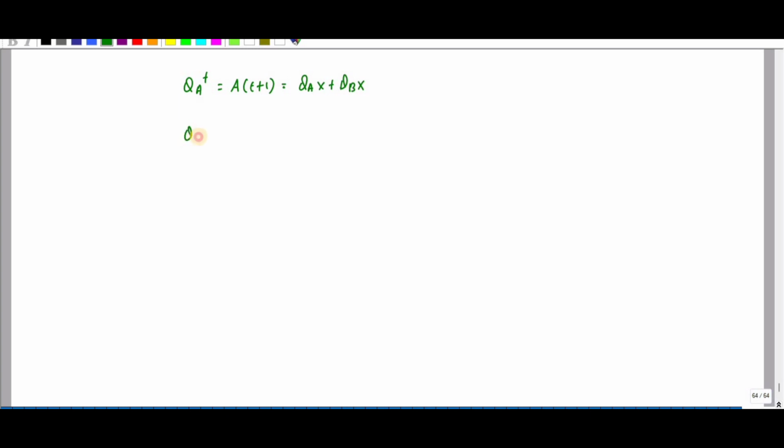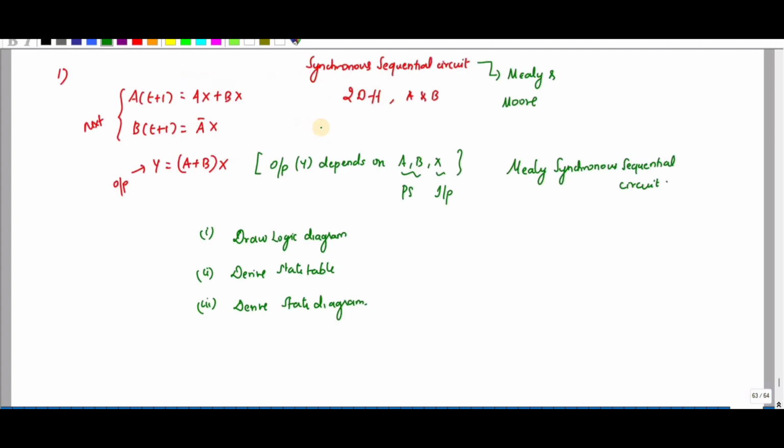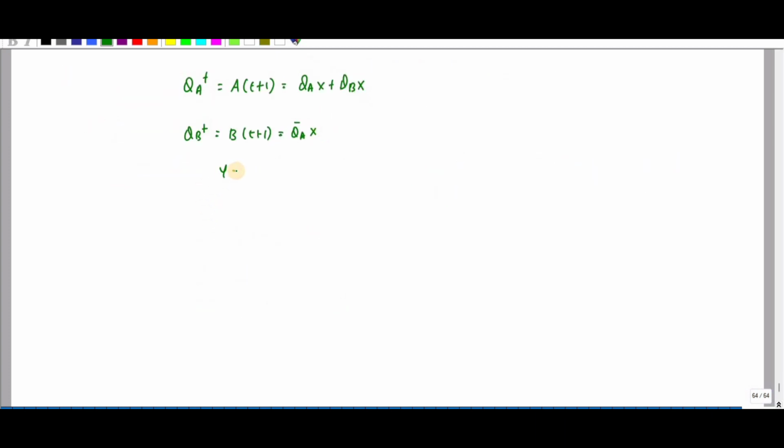Next, QB+ is B(t+1), your next state, that is equal to QA' x. And Y is nothing but (QA + QB) into x. This is the question. I have changed A(t+1) to QA+ and A to QA.